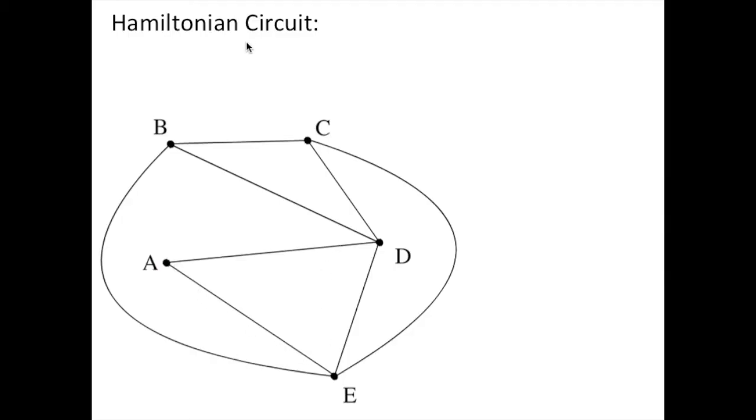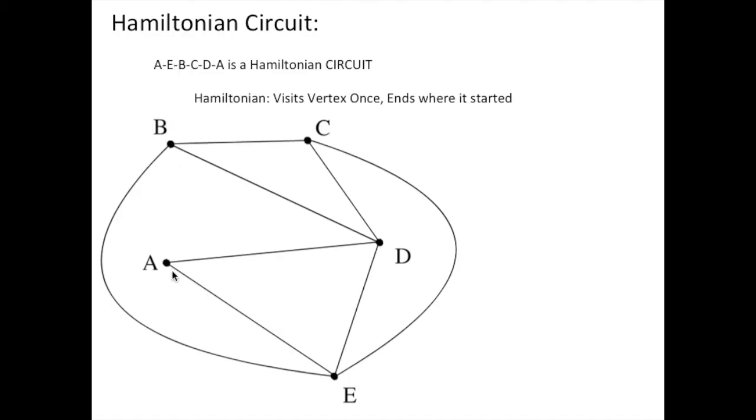For Hamiltonian, we can't visit a vertex more than once. If it's the first and it's the last, then that's fine. For example, let's look at A to E, and then E to B, and then B to C, and C to D, and D to A. So we've begun and we've ended on the A. We didn't go through the A twice.